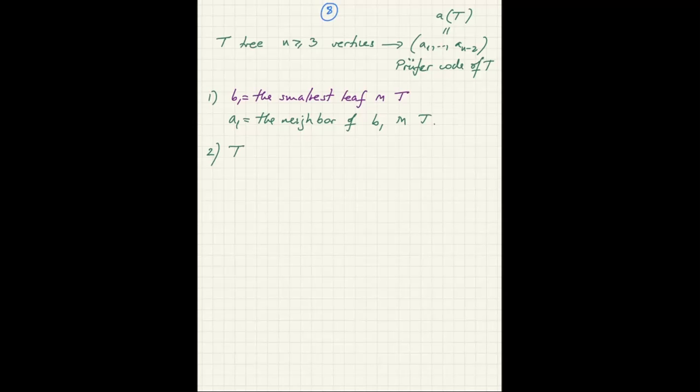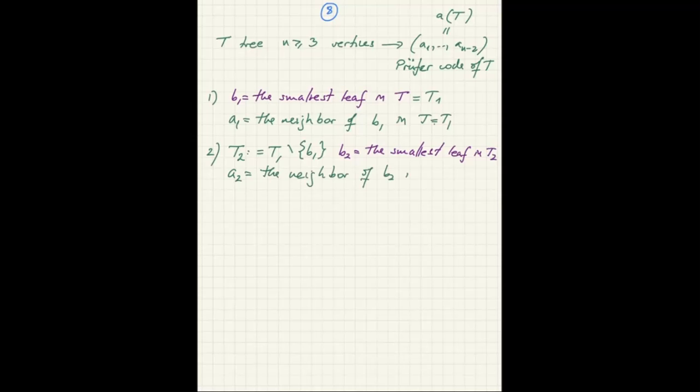Let's call t1 the tree t, and let's call t2 the tree t1 minus this leaf b1. And in this tree, we take b2, the smallest leaf in t2, and you can define a2 as the neighbor of b2 in t2.